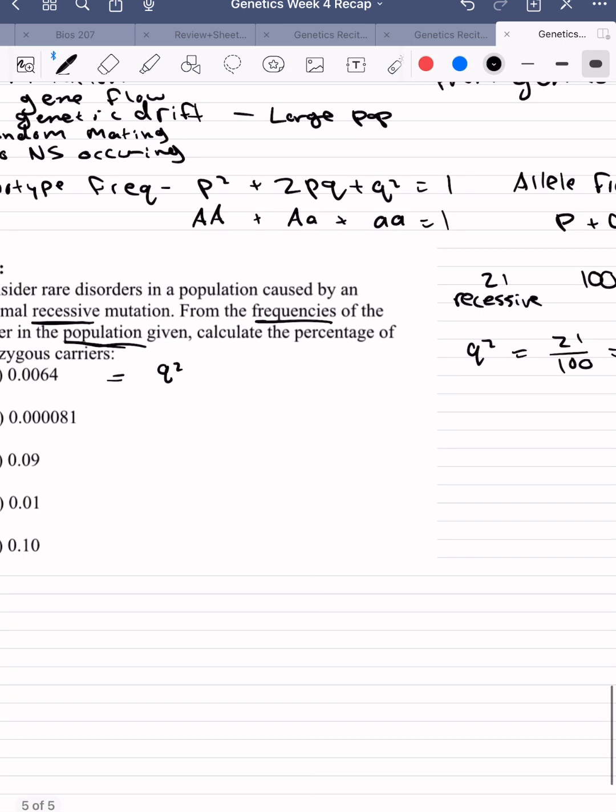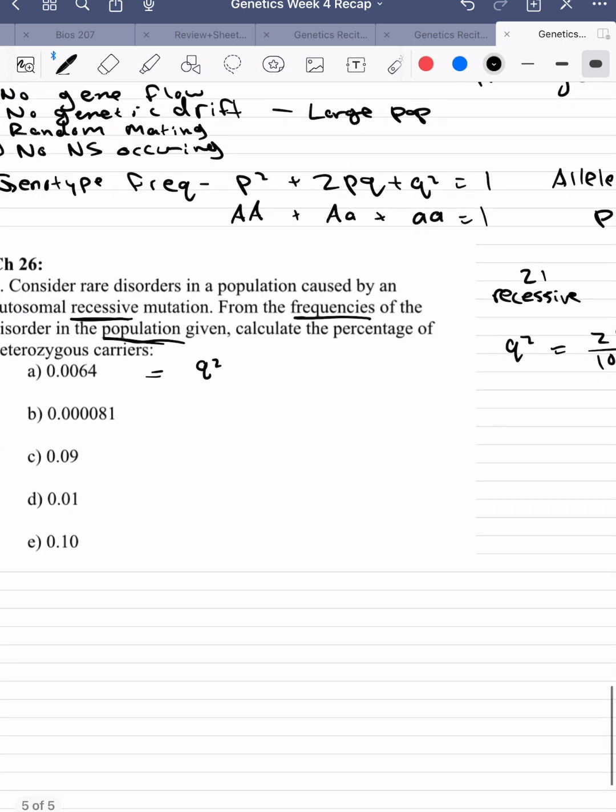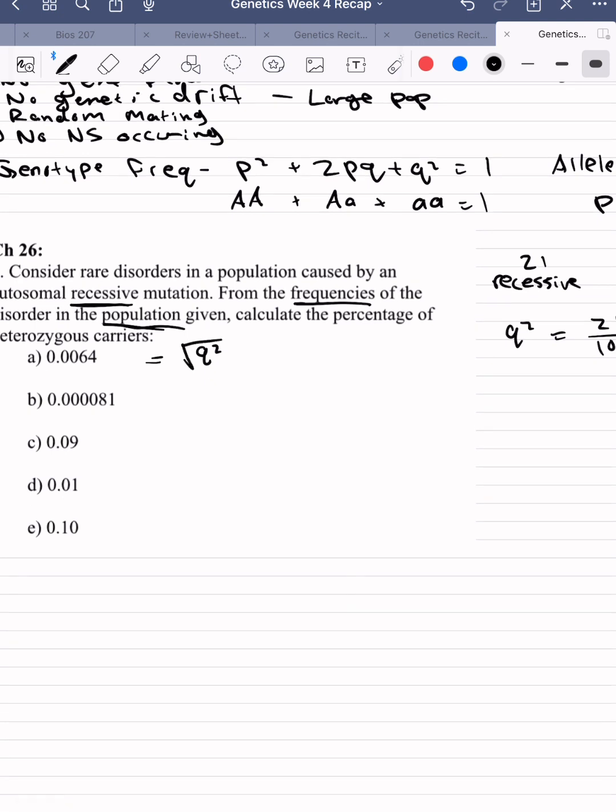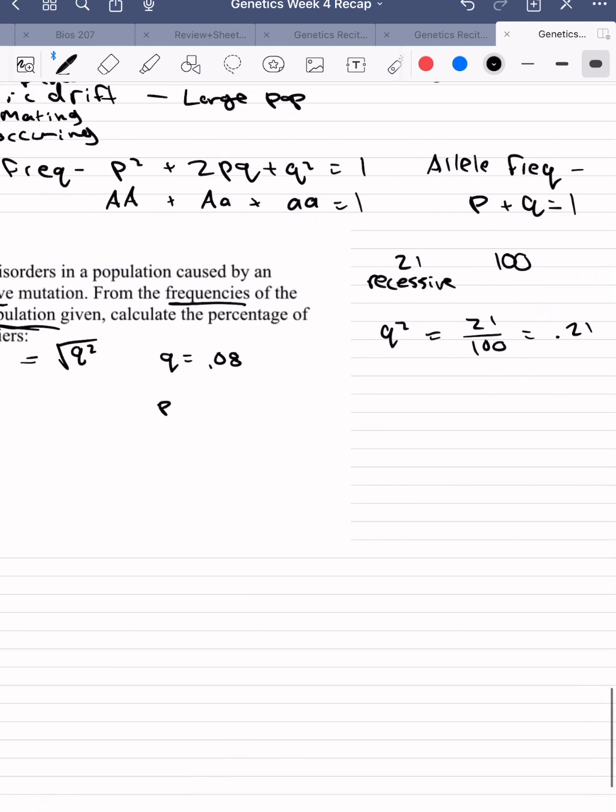So q squared equals 0.0064. In order to get q, we would simply square root it, which gives us q equaling 0.08. The equation for the allele frequency is p plus q equals 1. With q as 0.08, p equals 0.92.